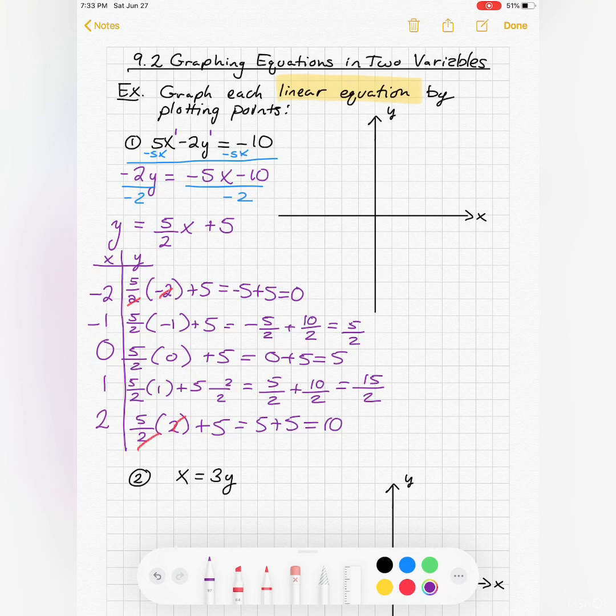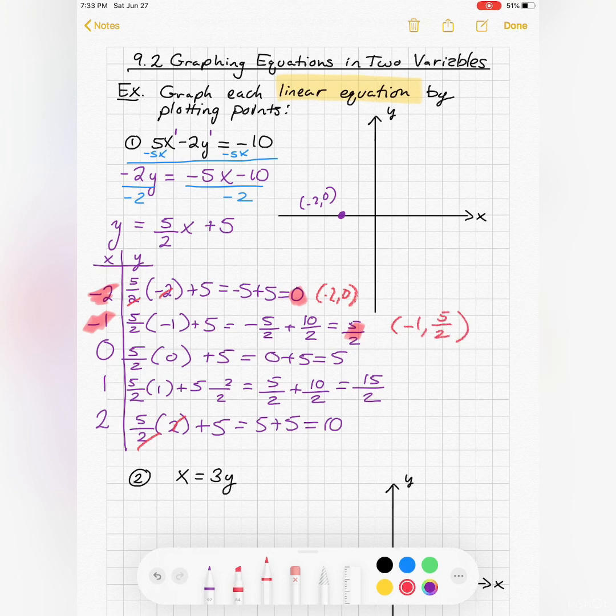Okay, so let me look at these points that I found. So from the first column, the x is -2, the y is 0. So the point that I actually found there is -2, 0. Next row, -1, 5 over 2.